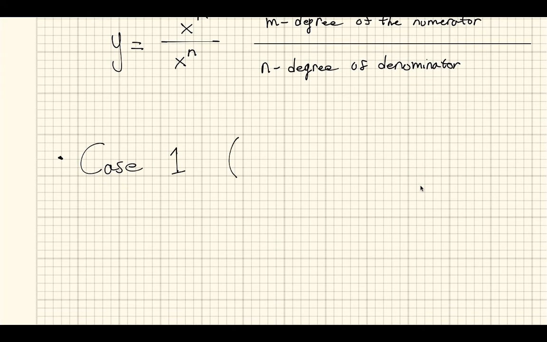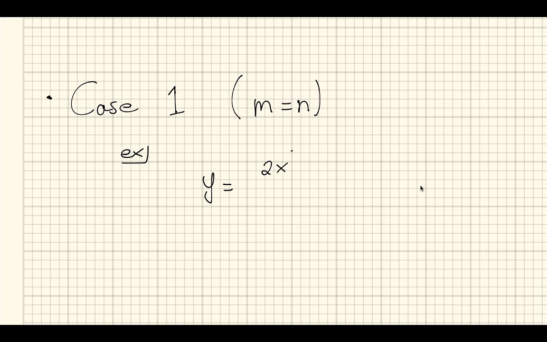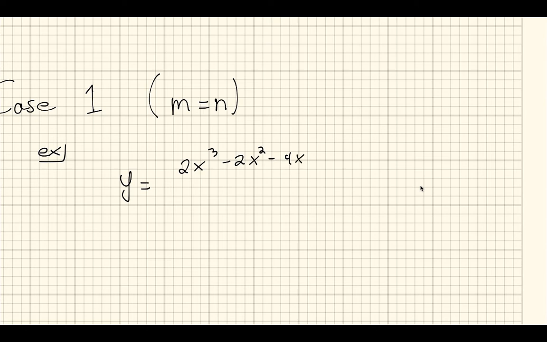An example would be y equals 2x to the third minus 2x squared minus 4x plus 7 over 3x to the third plus 2x minus 4. Remember, m and n are the degrees. So this is degree 3 on the numerator, and this is degree 3 on the denominator.